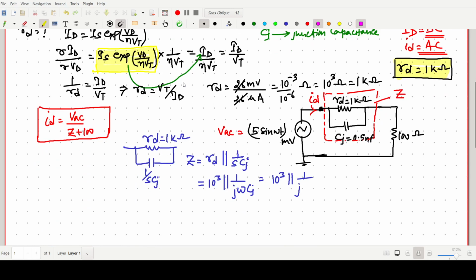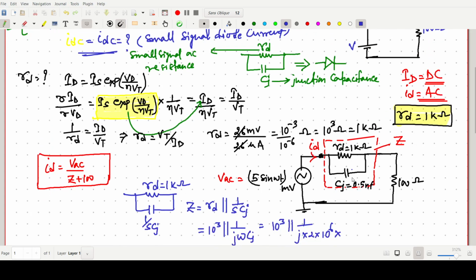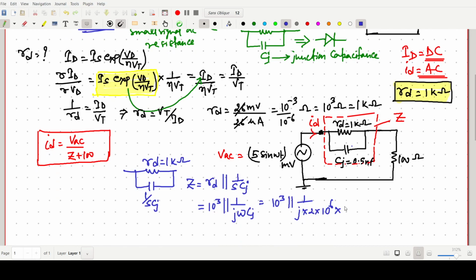So omega is 2 into 10 to the power 6 radian per second. I am writing this one, and the Cj value is already given, 0.5 nanofarad, so we write 0.5 into 10 to the power minus 9.